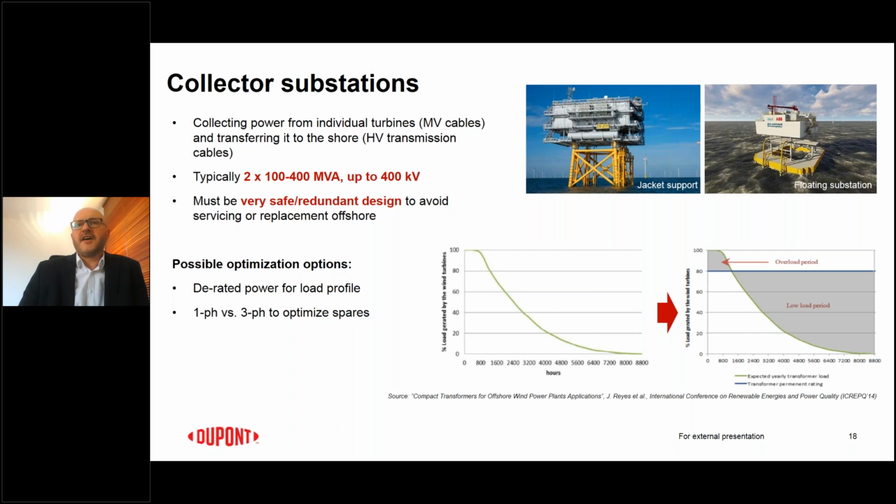And definitely, the farther we can go down with the size of the transformer, the bigger overload we can allow for this short period of the year, the more we can optimize the size of the offshore transformer. So again, that's based on the study proposed by ABB in Spain for the offshore transformer.